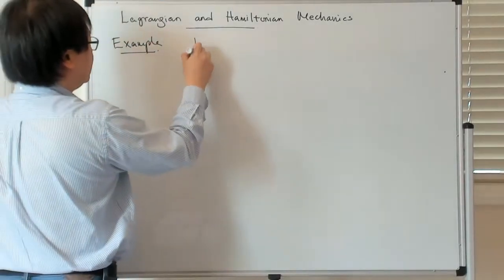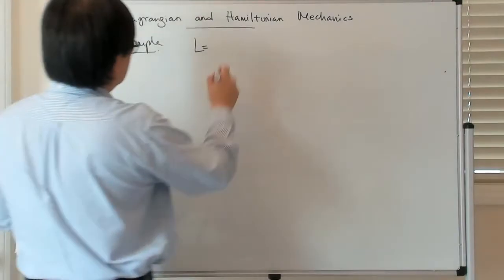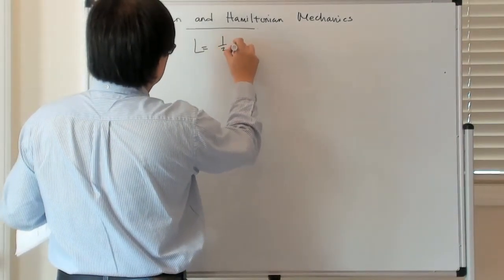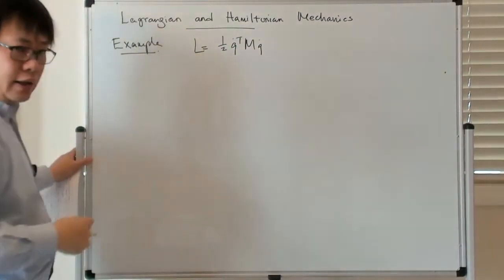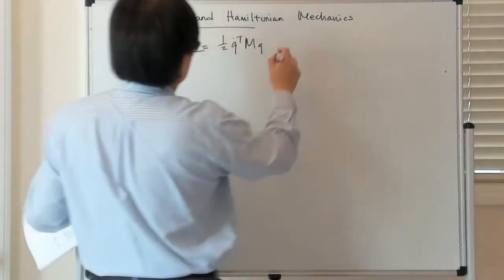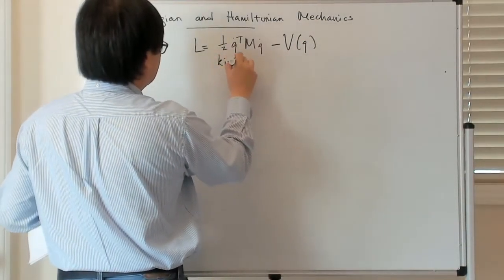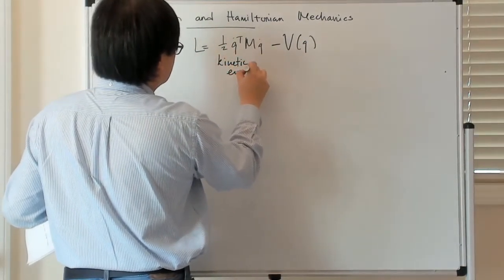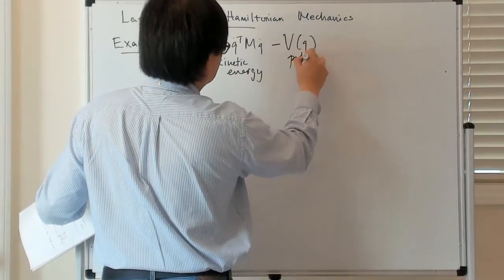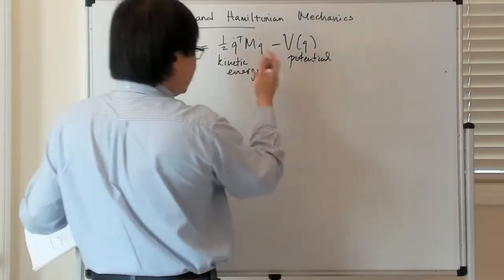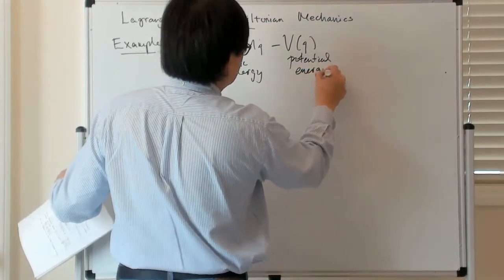Let's say you have a Lagrangian, which depends on position and velocity, of the following form: half q dot transpose M q dot, which is a kinetic energy type term, minus V of q, where V is the potential energy. So you have a Lagrangian of the form kinetic minus potential. All right, so let's see what happens.